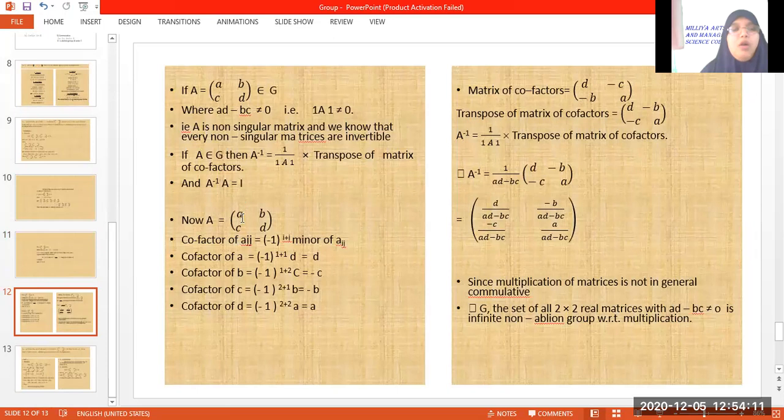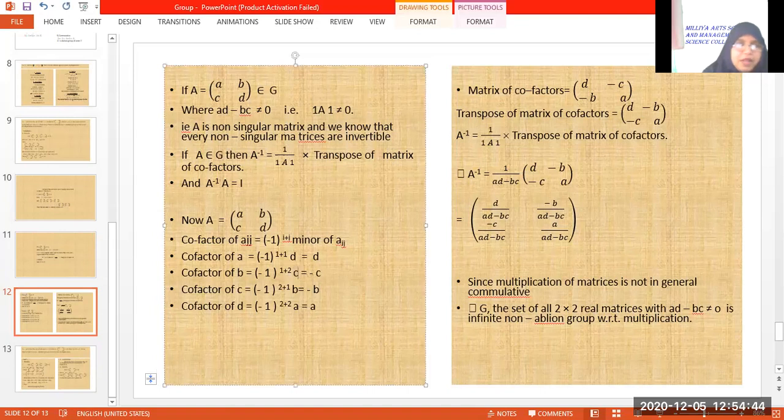So cofactor of A is equal to -1 raised to 1 plus 1 into this element D. This is equal to D. Cofactor of B. B is in first row and second column. So we have -1 raised to 1 plus 2 into this element C, which is equal to -C.